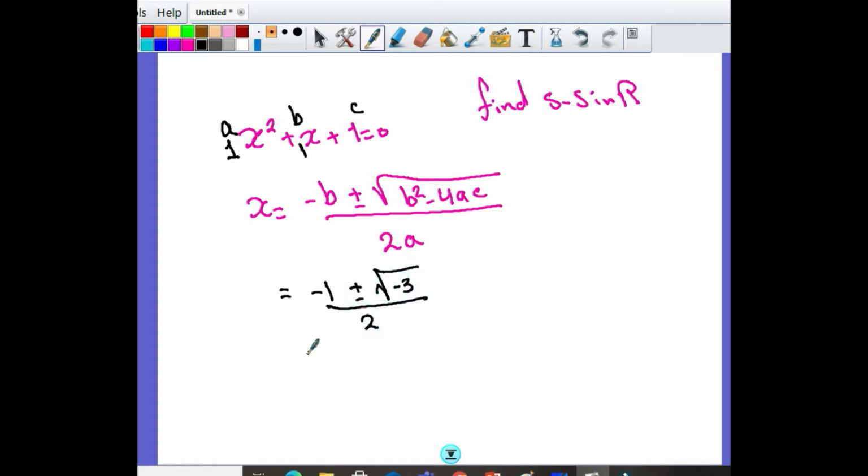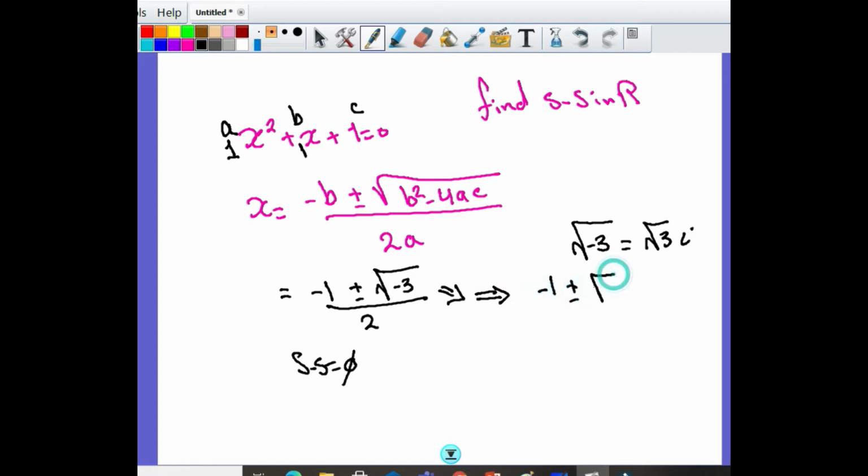And in the third step, we write the solution set equals empty set. The solution set in R is empty. But here we have a solution for the negative square root of 3. It will be root 3 i. So we can form this in another way: negative 1, positive or negative root 3 i, over 2. After that, separate it into two terms.